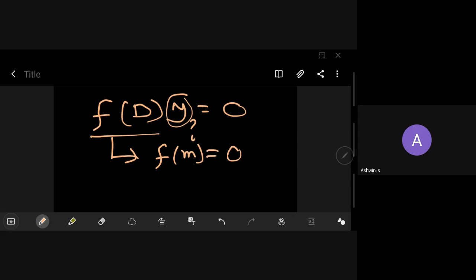This is a quadratic equation. There are three cases. If they are distinct and real, you can say like this. Same root, real, you can say like this. Complex, you can say like this. Based on these things, we can give the answer. That's what we have said.